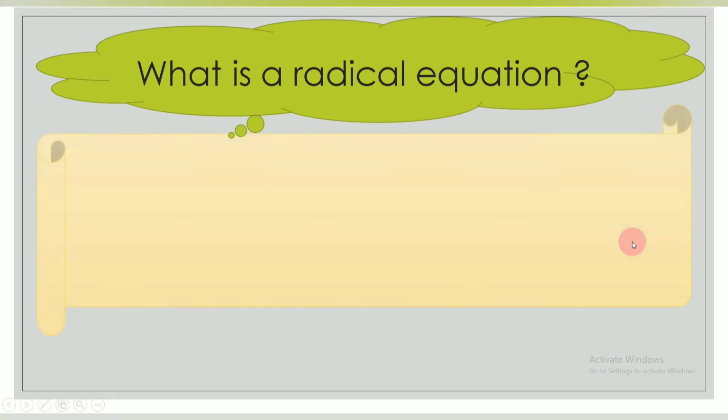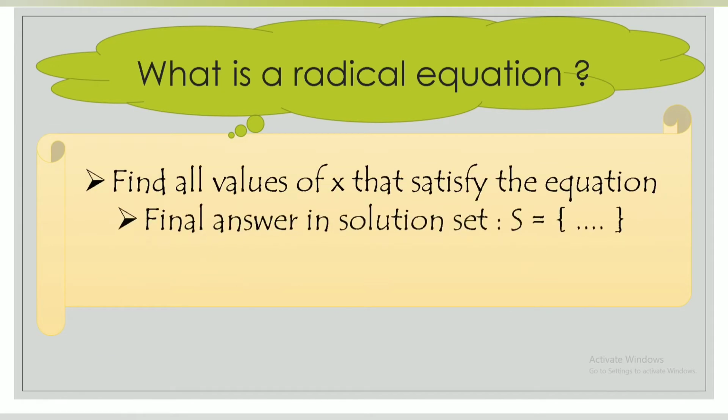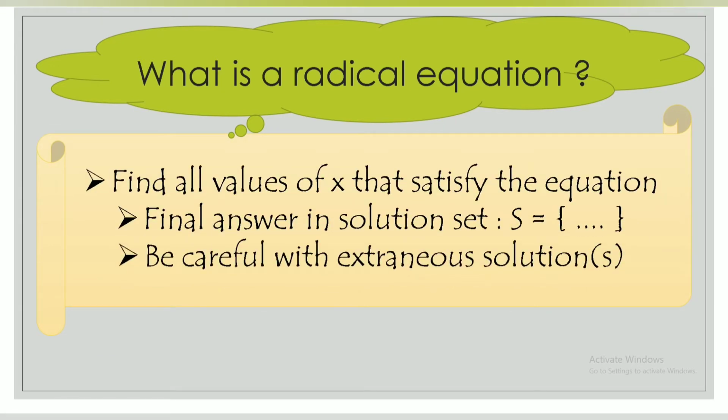So the next thing is the objectives. If you have these problems of radical equations, you need to find all values of x that satisfy the equations, as usual. Whenever we have equation problems, no matter if it is radical or rational or quadratic, we need to find all possible values.